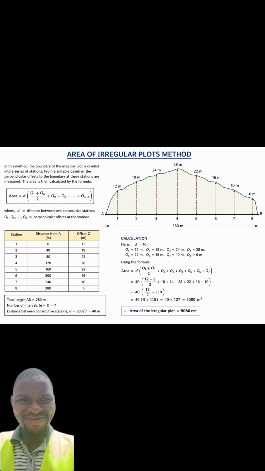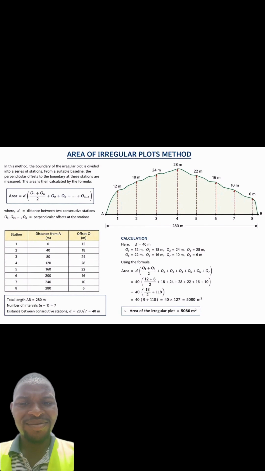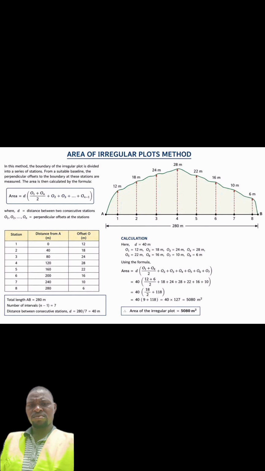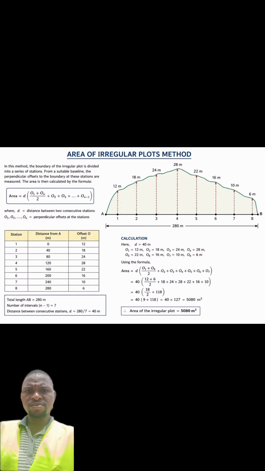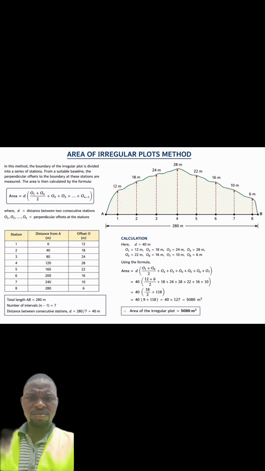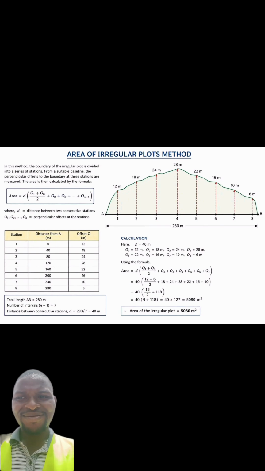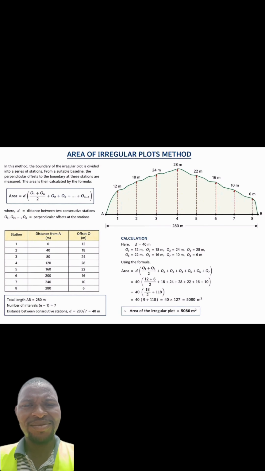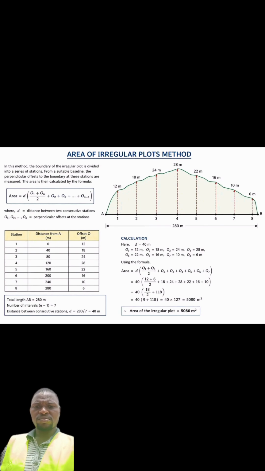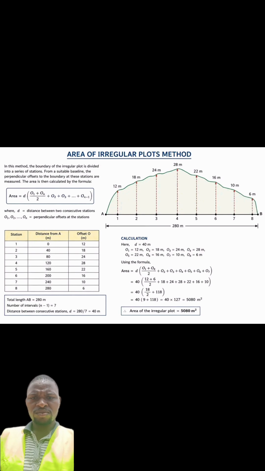Dividing 18 by 2 gives 9, then plus 118, so we have 40 multiplied by 127, which gives us 5080 meters square. So the area of the irregular plot is 5080 meters square. This is an easy way to get the area of an irregular plot.